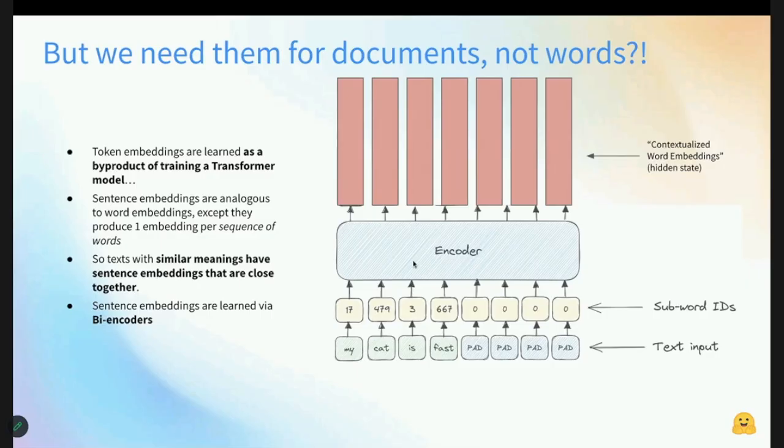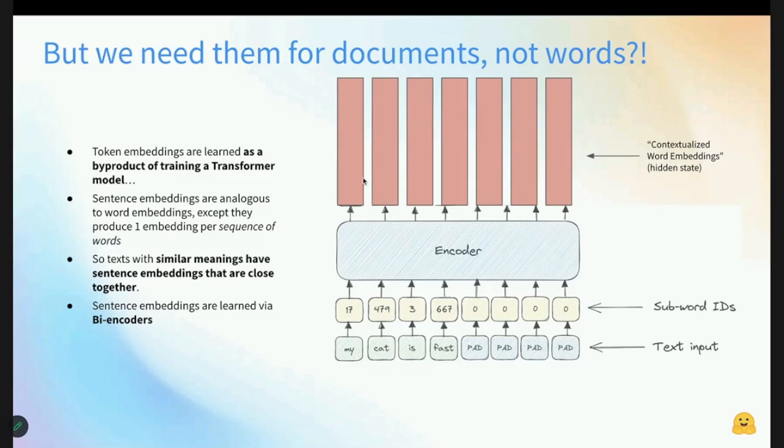Those get passed through the encoder, and the encoder actually learns dense, contextual representations for each token. So the vector you get out of the encoder is a contextual representation of the word "my" as it exists in this sentence along with all these other words. So it's a word embedding that's specific to this word in this exact sentence.